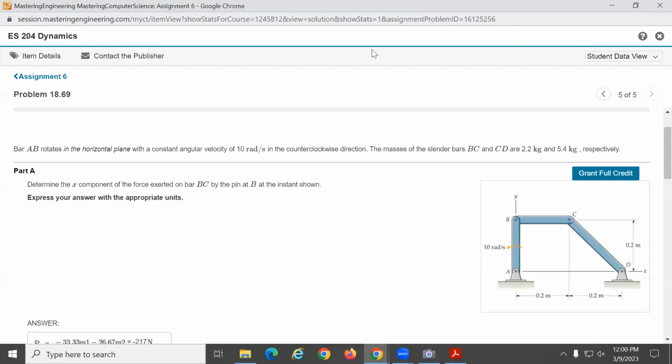So omega AB is 10 radians per second constant. So what does that mean for alpha AB? Zero. Perfect. In the counterclockwise direction.